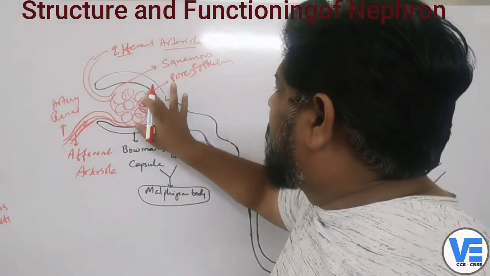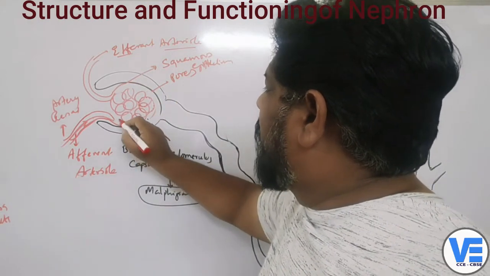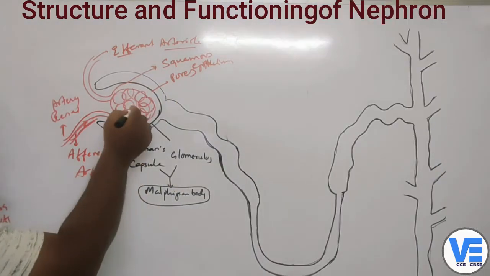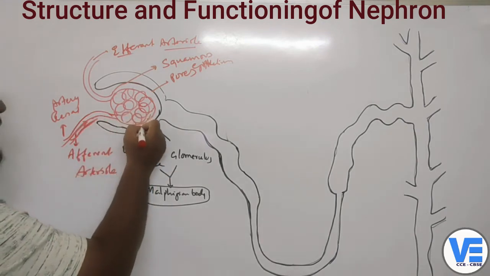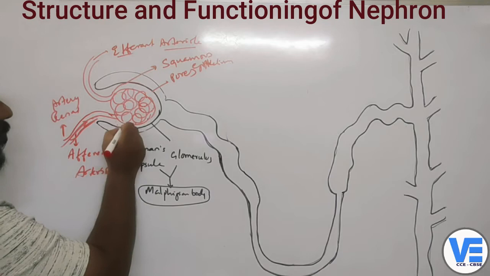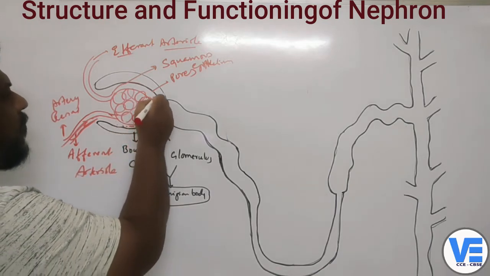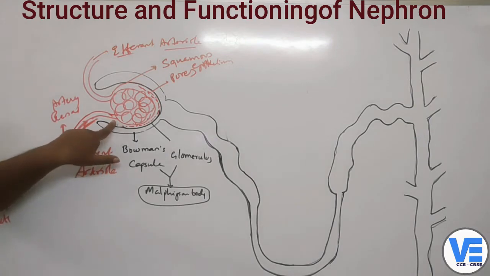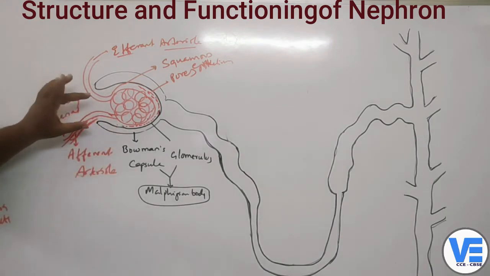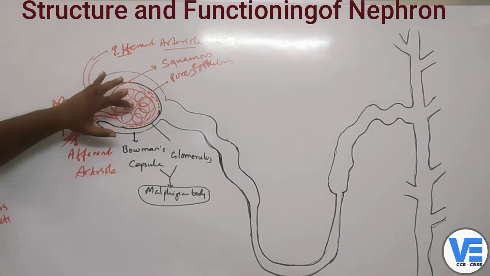So let's make it a bit small so that it will be easy for you. Whatever contents are there in the blood will get filtered out, and they will come into the Bowman's capsule. So what are these materials which are coming into the Bowman's capsule? The substances which are there in the blood.